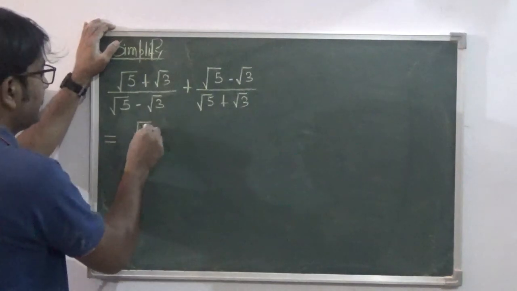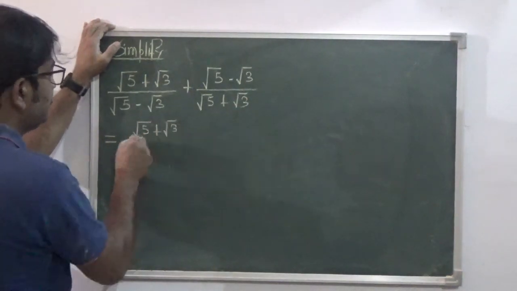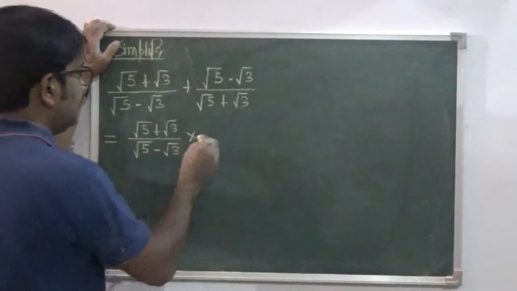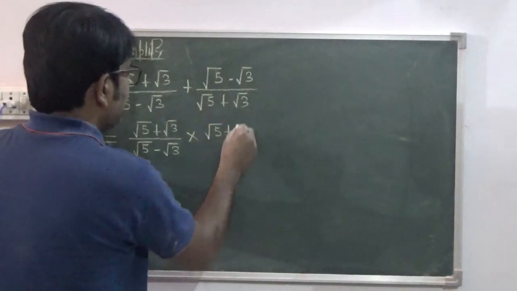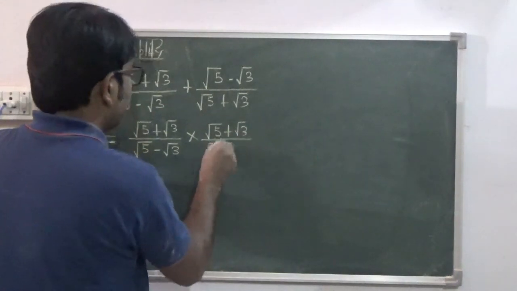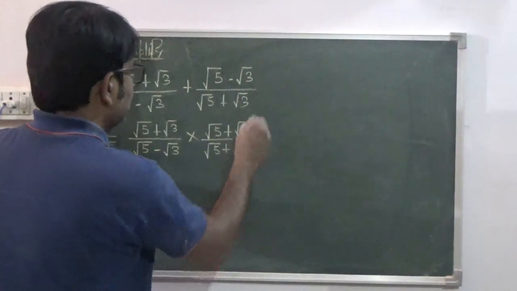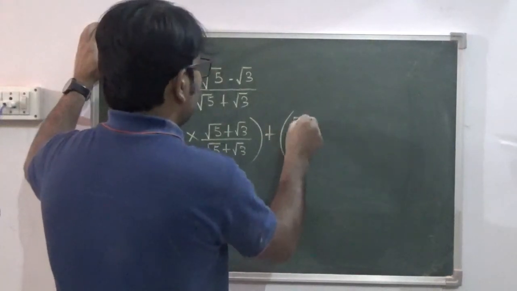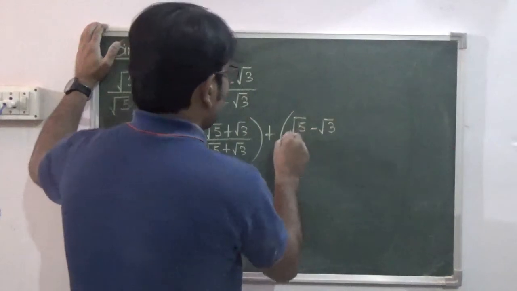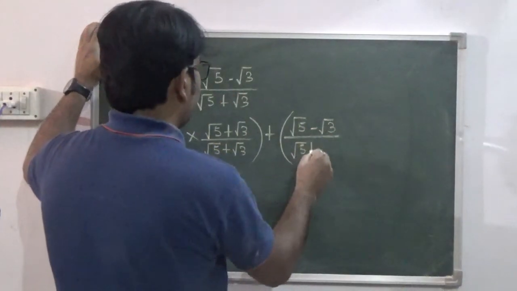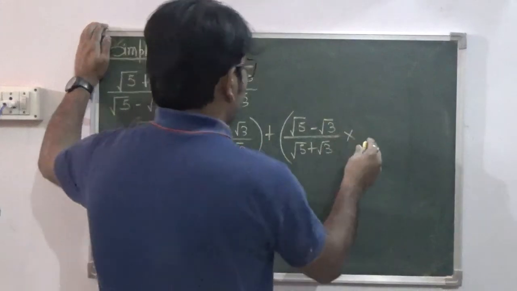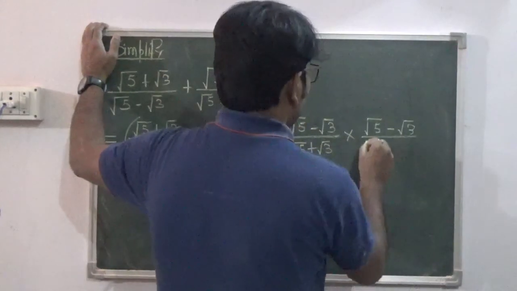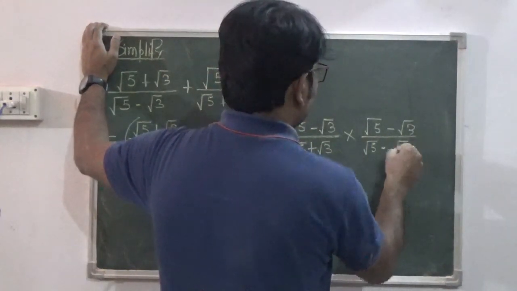So it is root 5 plus root 3 divided by root 5 minus root 3 into root 5 plus root 3 divided by root 5 plus root 3. So this is the first part, plus root over 5 minus root 3 divided by root over 5 plus root 3 into root 5 minus root 3 divided by root 5 minus root 3.